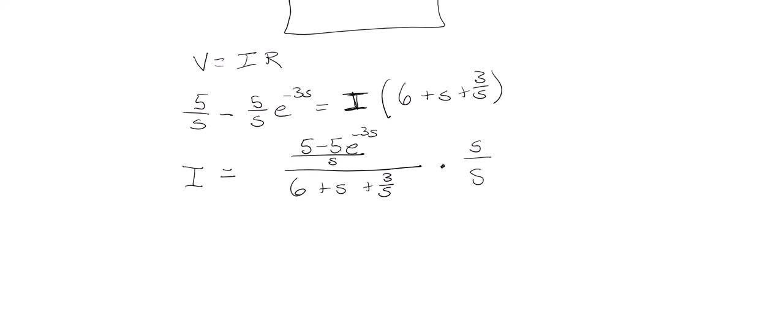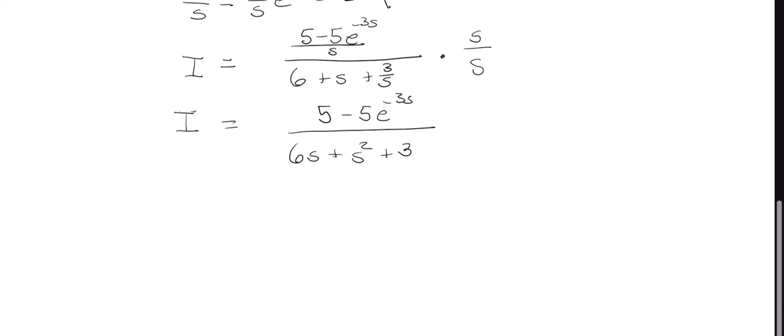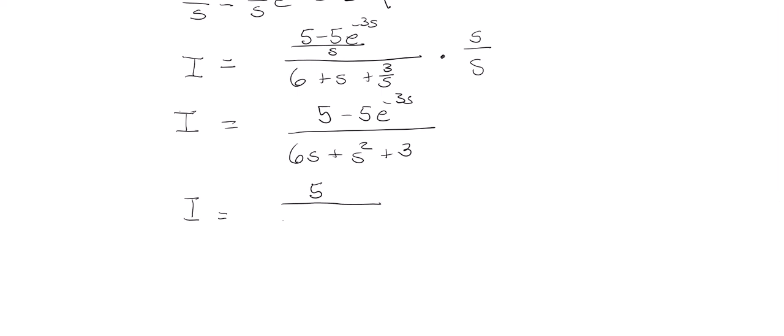Then I'm going to multiply by s over s, and I get 5 minus 5e to the negative 3s over s squared plus 6s plus 3.